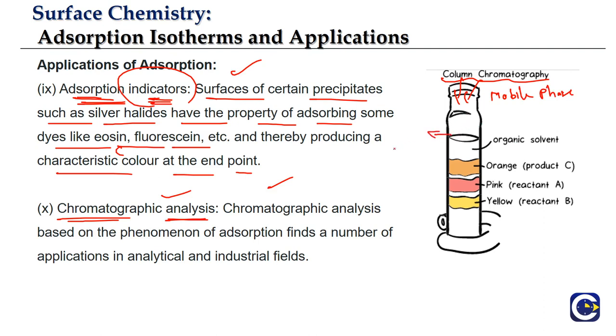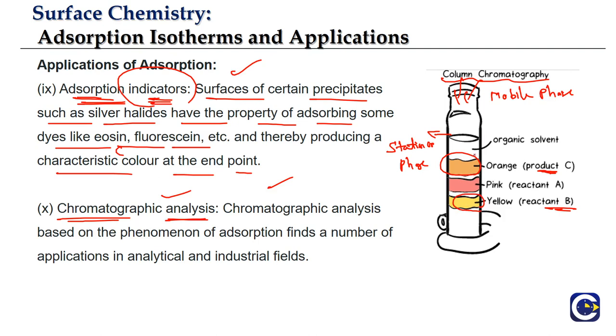The column will be packed with what we call the stationary phase, and the components of the mobile phase will get adsorbed. So let us say for example component C, which is orange in color, is getting adsorbed more, so it will be at the top, and component B is going to be at the bottom because it is getting adsorbed less, so it will keep going down.